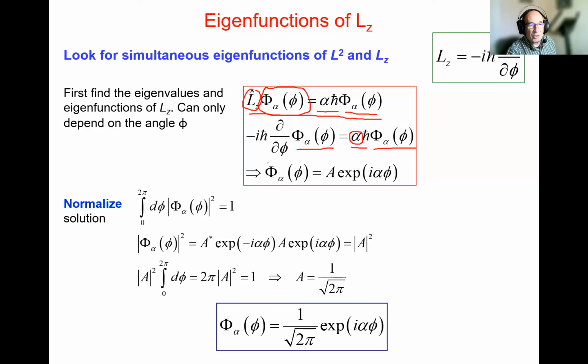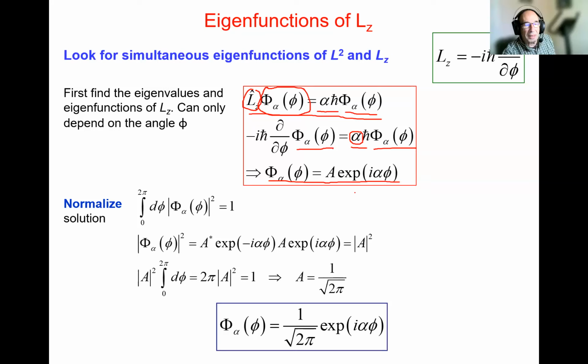This differential equation is easy to solve, because if you act with the derivative on this wave function and this gives you the same wave function and some coefficient, you know that the wave function should be exponential. This is the only way you can satisfy this type of equation.